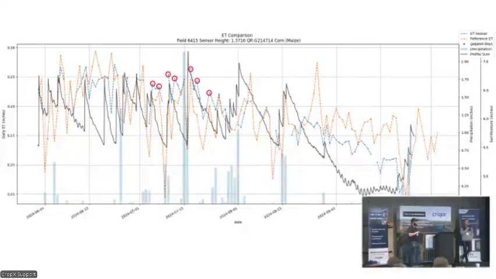I'll just repeat for folks online. The orange line with the reference ET and the blue line with actual ET just don't match. The reference ET is just wrong if you interpret that as actual ET, which you shouldn't. There's nothing wrong with this reference ET calculation, but what's the definition of reference ET?